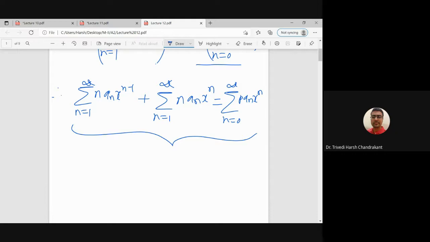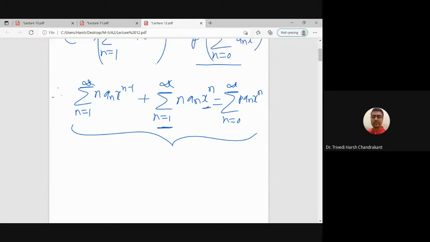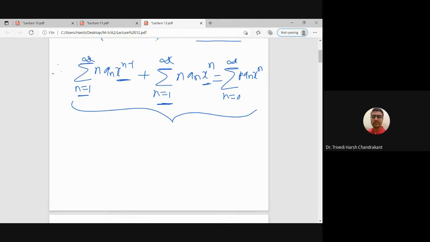This series starts from n equals 1, so all the terms will be x, x square, x cube, and so on. But here we shall actually get the constant term. If we take n equals 1, the power of x will be 1 minus 1, that equals x power 0, which is 1.